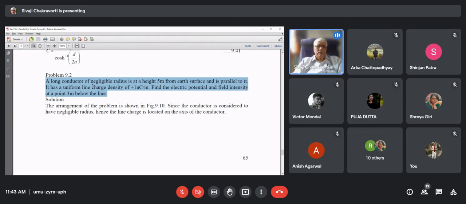So you can assume that this is like a railway line conductor, which is a single phase conductor, and that's a pretty long conductor. Of course, radius is small, and it is parallel to the Earth's surface, which is just exactly the same as a railway line conductor.